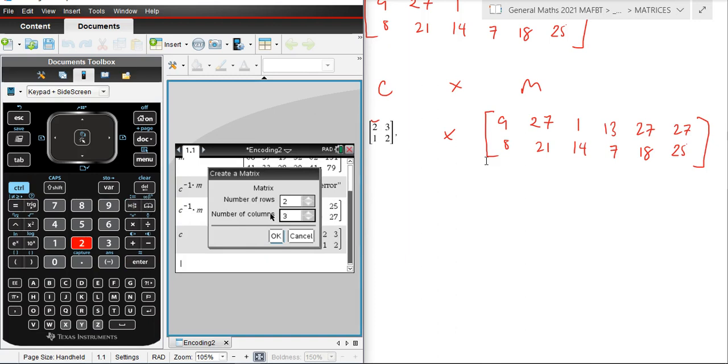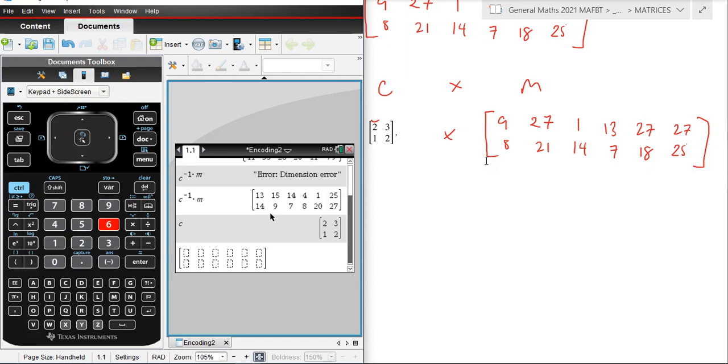So I've got 1, 2, 3, 4, 5, 6 columns for this one. Okay, cool. So 9, 27, 1, 13, 27, 27, and I've got 8, 21, 14, 7, 18, 25. Call that matrix M.